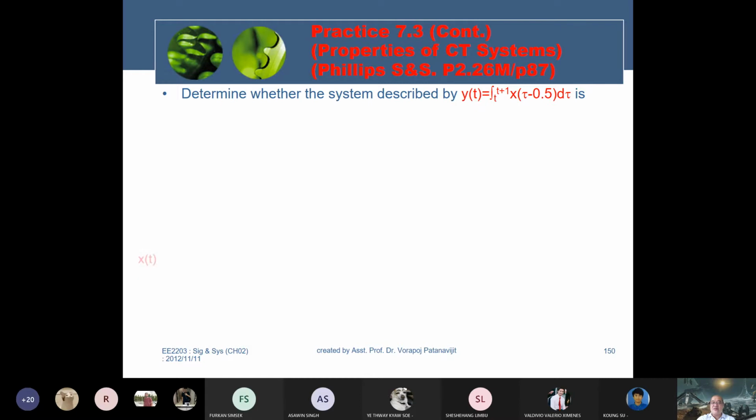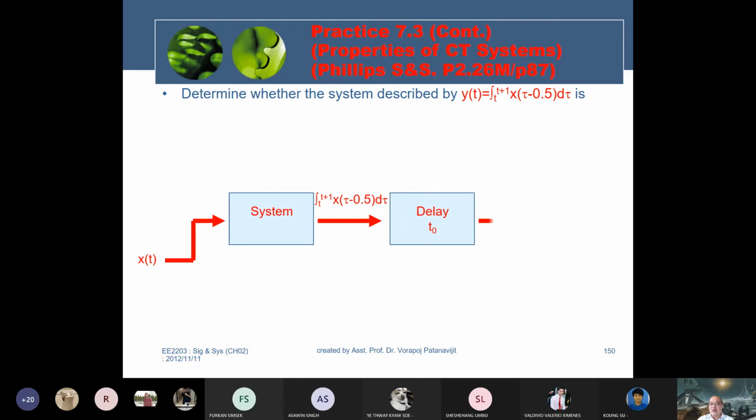Next one is time invariance. For time invariance, you process the input first and delay later, or you delay first and process later. If the results are equal, the system is time invariant; otherwise the system is time varying.